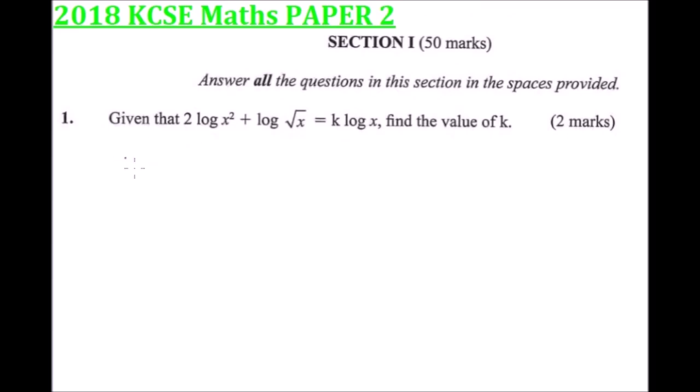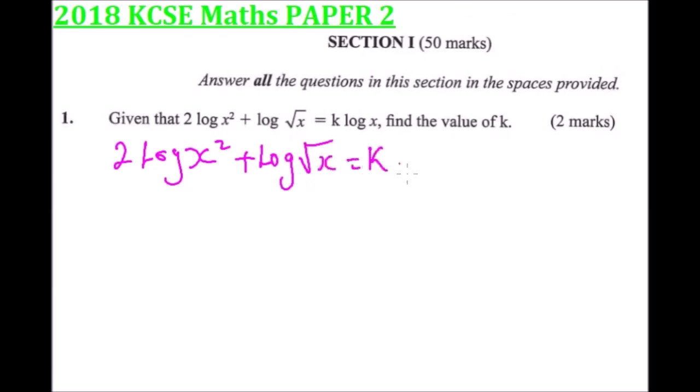In this question, we are going to apply the rules of logarithm. Our question is 2 the logarithm of x squared plus the logarithm of the root of x is equal to k logarithm of x.